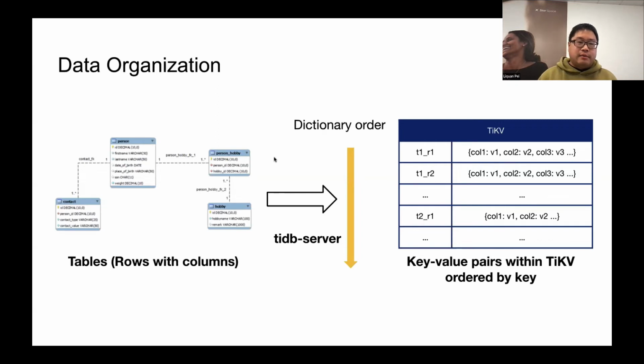If you look at the tables, they are represented as key-value pairs with the table information encoded in the key and the row encoded in the value. For example, for any table, we have a T prefix with the table ID and an R prefix with the row ID. And the data in TiKV will be ordered by the key using the lexicographical order, or the dictionary order.